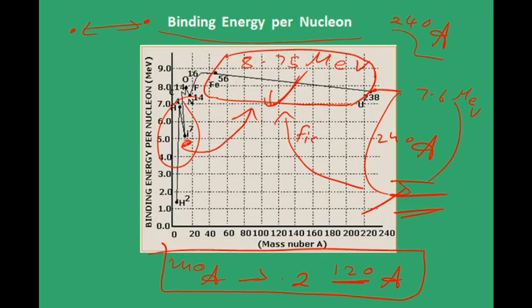This process is known as fission, where a nucleus of higher mass number is split into nuclei of smaller mass number. And the same thing can happen, that is, energy release can happen if nuclei belonging to this region, the less than 30 region, are getting converted to a nucleus of this region, then also energy is released, because finally our aim is to increase the binding energy per nucleon so that energy is released.